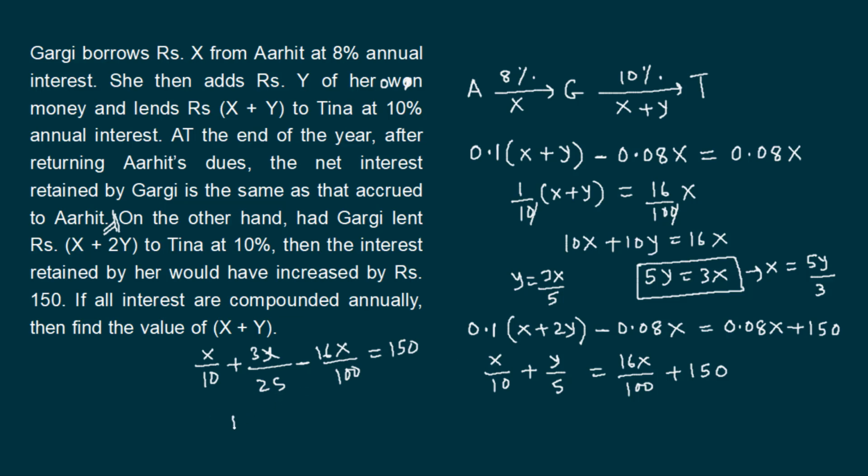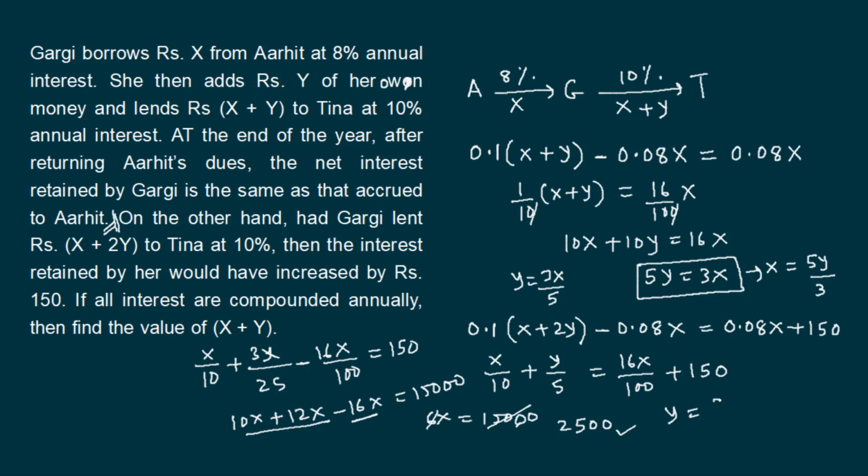I'm multiplying throughout by 100. 10x plus 12x minus 16x is 15,000. 22 minus 16 is 6. So we have 6x equals 15,000. x would be 2500. So we have x.